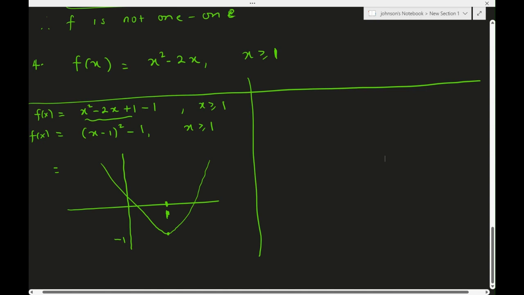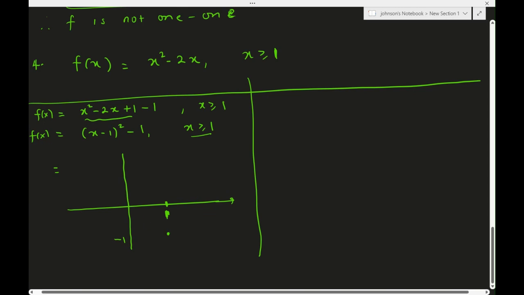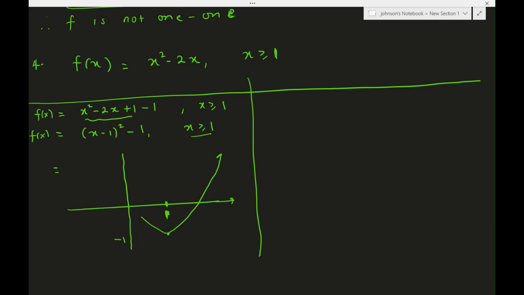But here, what do we have? We have a condition that x has to be greater than or equal to 1. So if this is 1, it means you are considering only the parts where the domain is greater than 1. So we don't have any business with the left-hand side. So we will have only this side. You can see we have removed the left-hand side.